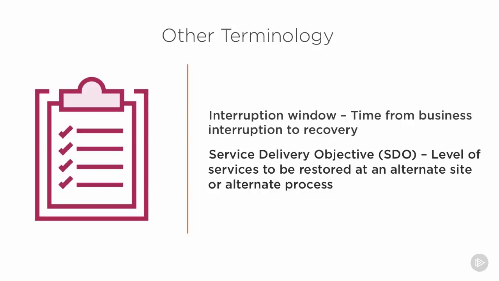And so this is what we'll call our service delivery objective. We set out the level of services that will be restored at the alternate site or via an alternate process. We're really taking a look at what level of service we'll provide in the event of a disaster.